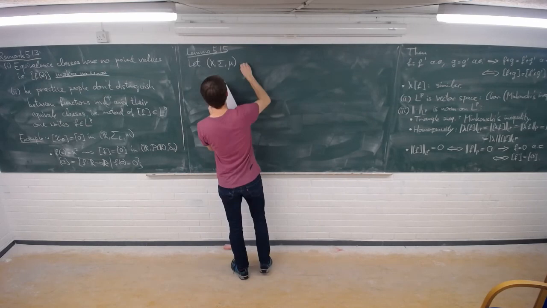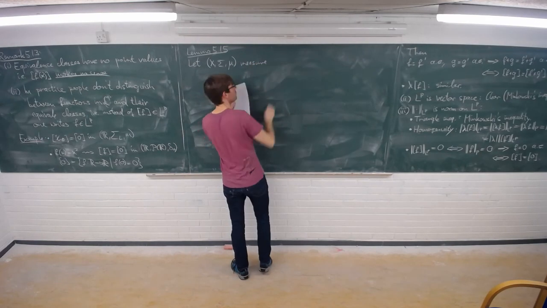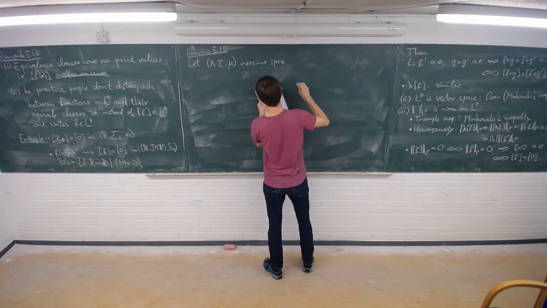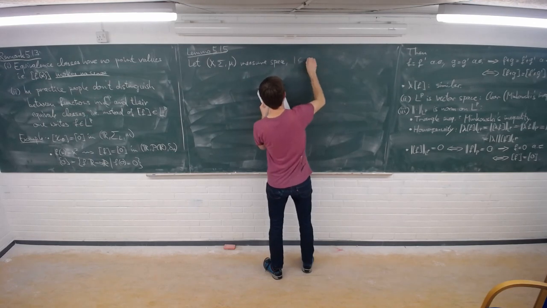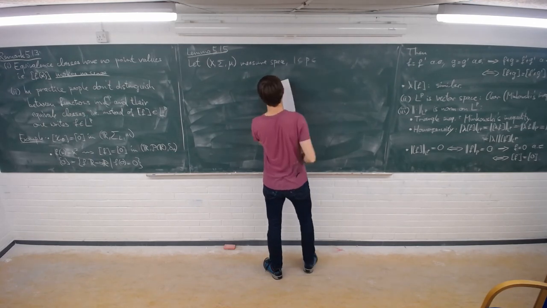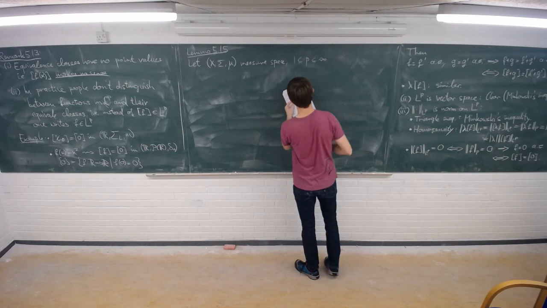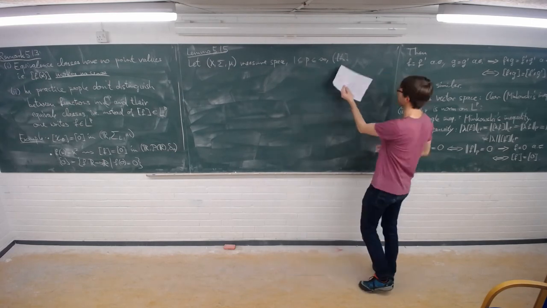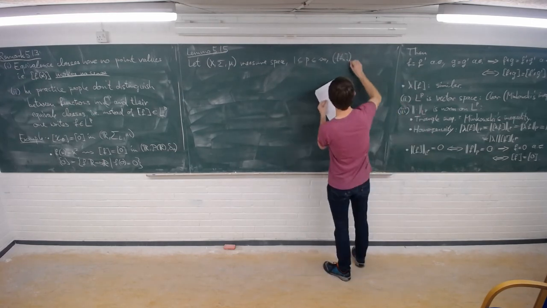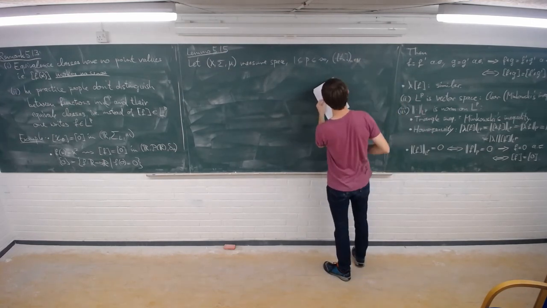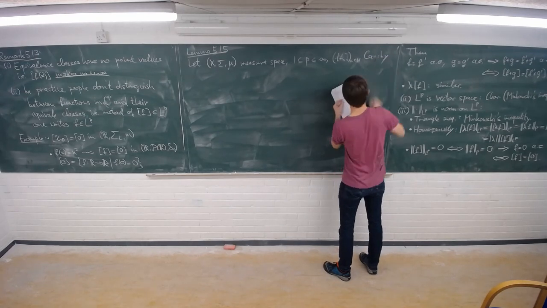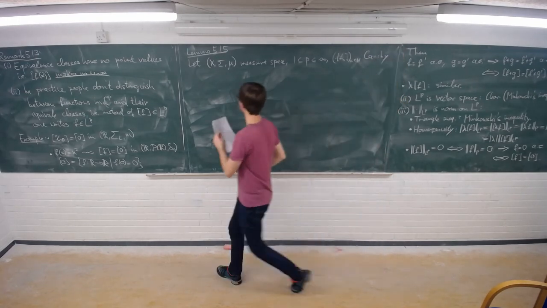So let (X, sigma, mu) be a measure space, p between 1 and infinity, and let the equivalence classes of f_n be a Cauchy sequence in LP.